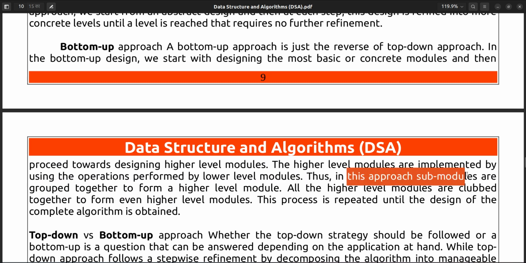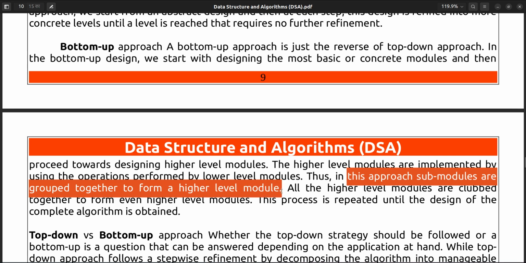In this approach, sub-modules are grouped together to form a high-level module. Like we created four algorithms for the four operations: addition, subtraction, multiplication, division. Later on we combine them into one module, which we name something like arithmetic operation module.